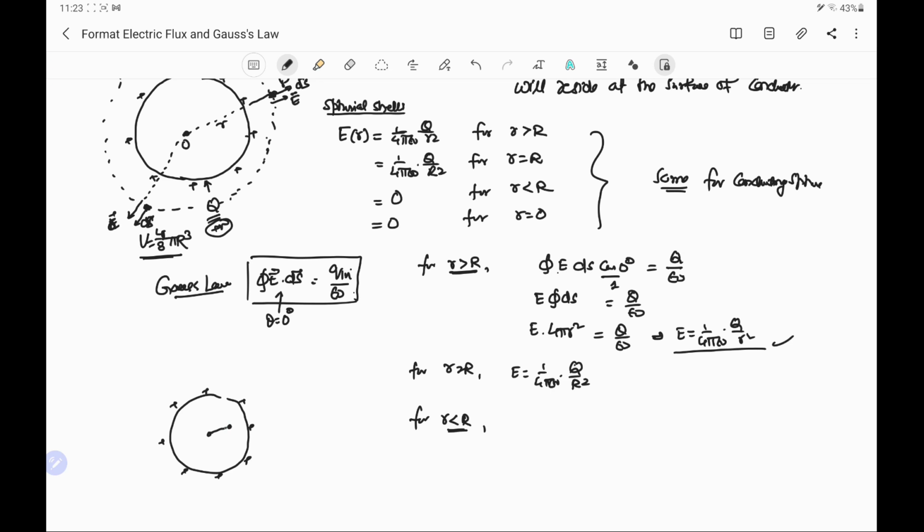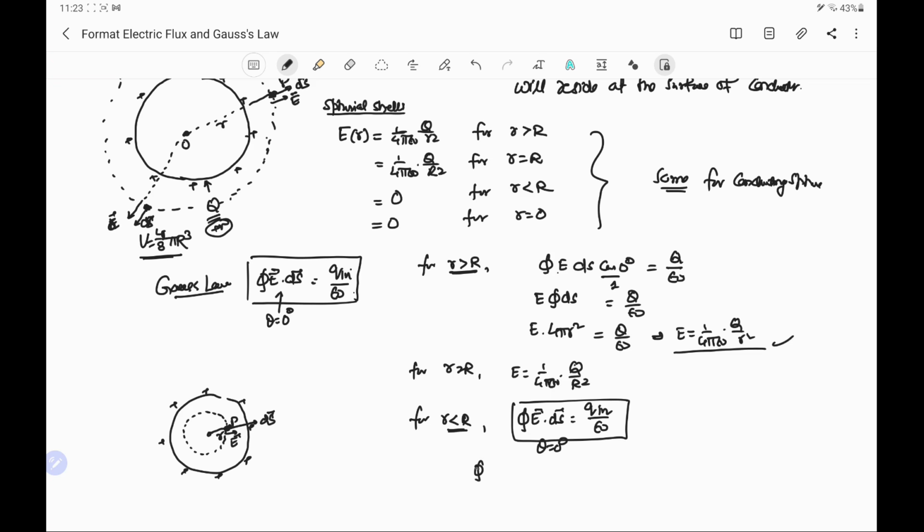If point P is inside the sphere at a distance r, we draw a Gaussian surface of radius r, a spherical surface, and apply the Gauss law: integral E dot ds equals charge enclosed by epsilon naught. Again, ds is outward and perpendicular to the surface and E is radial, parallel to ds, so the angle between them is 0 degree.